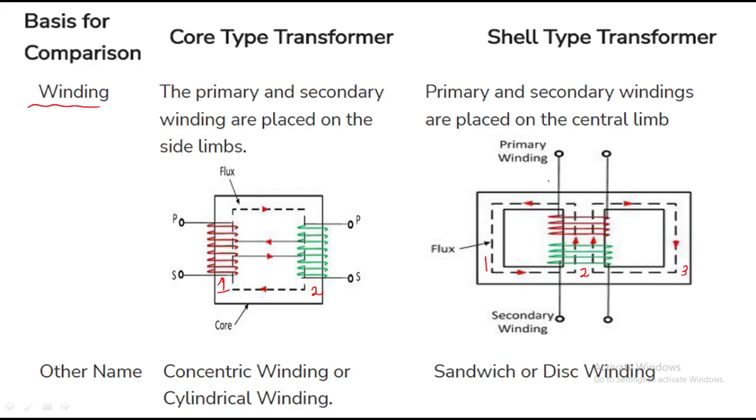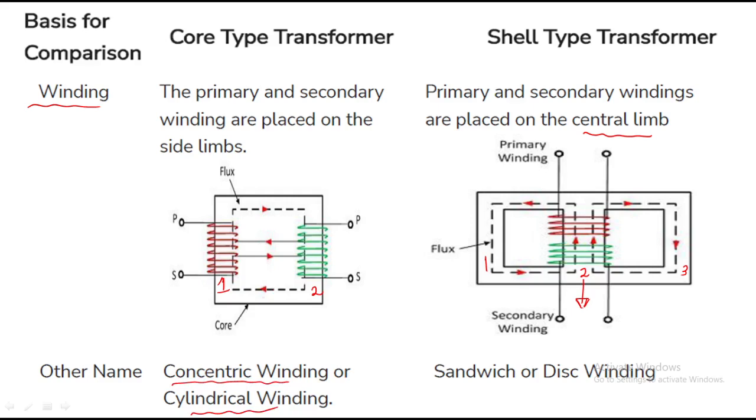But coming to shell type transformer, the total winding is placed in the central limb, that is second limb. The primary and secondary windings are placed on the central limb. So this type of winding is called concentric winding or cylindrical winding.